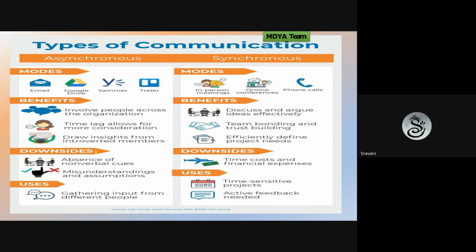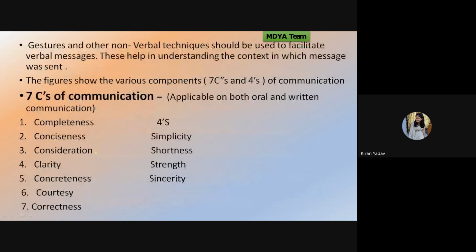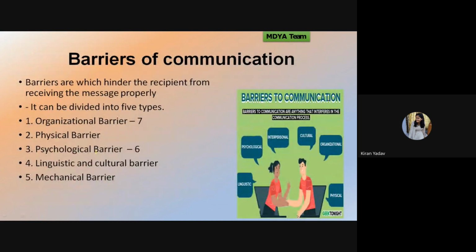Thank you. Okay. And effective communication, we have seen seven C's of communication, barriers of communication. Today we have to discuss barriers of communication. Organizational barrier we have already discussed.